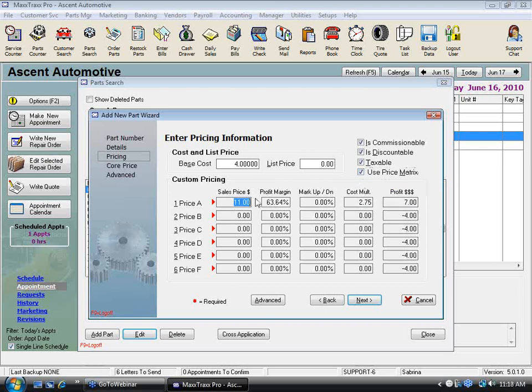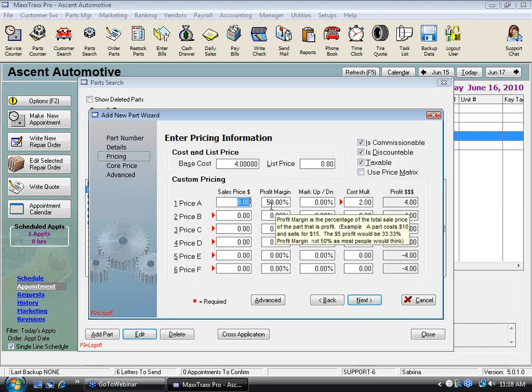You can see right here that if this is an oil filter, there could be a slim chance that I can get away with charging $11. So if I uncheck this and say, I really think I can only get a 2.0 profit multiplier, what's happening? Our part price matrix says we should have been charging $11 for that part, and it will be green as long as I charge $11.